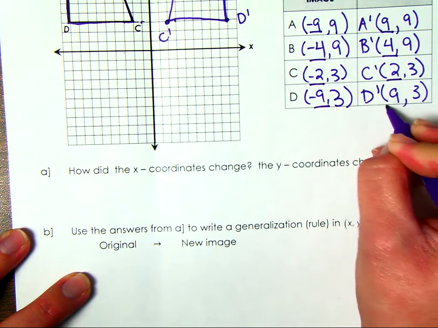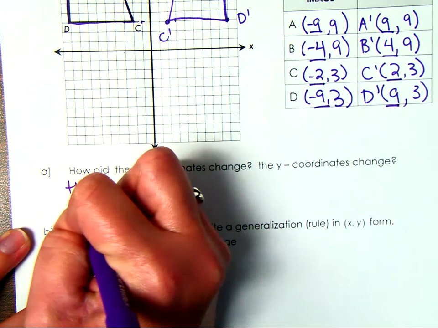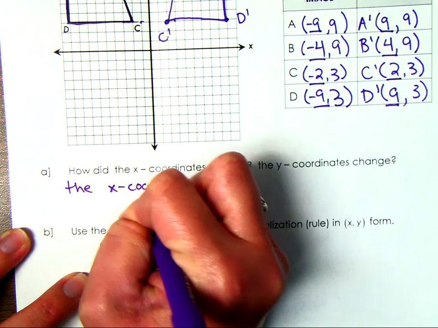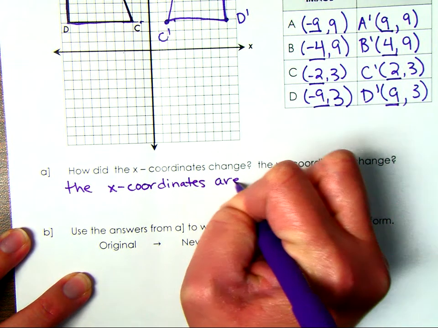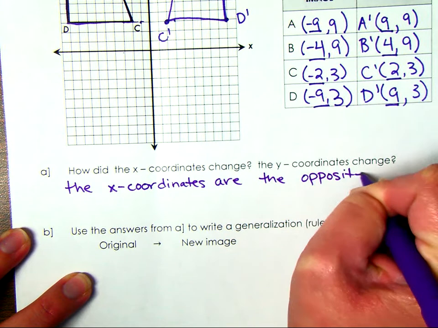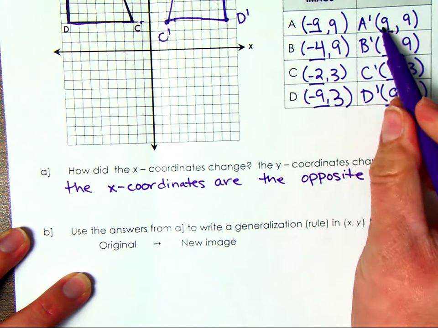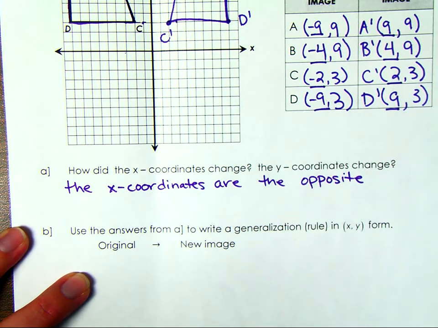Negative 9, 9. So the x coordinates are the opposite of what we originally started with, because the opposite of negative 9 is positive 9, the opposite of negative 4 is positive 4, and so on and so forth.